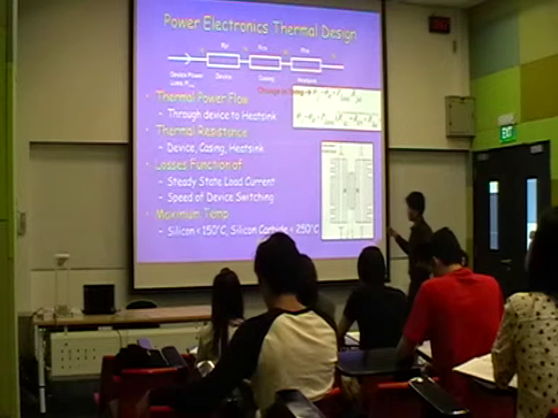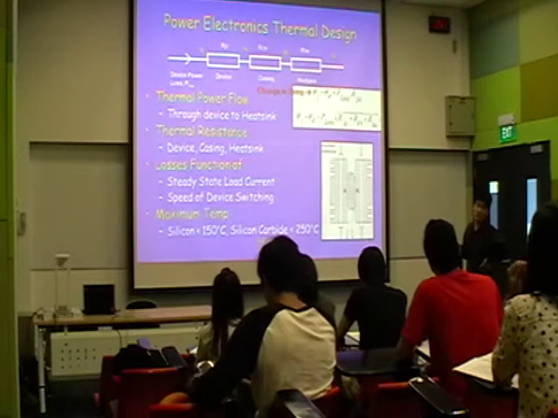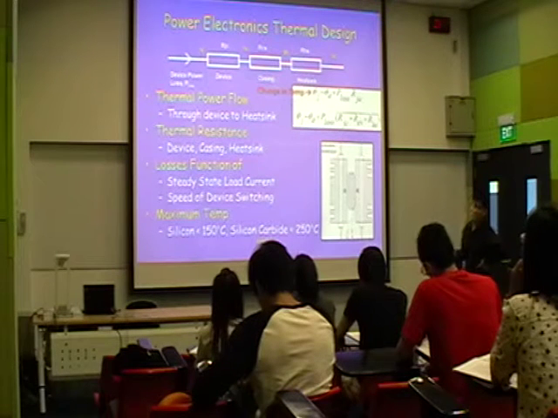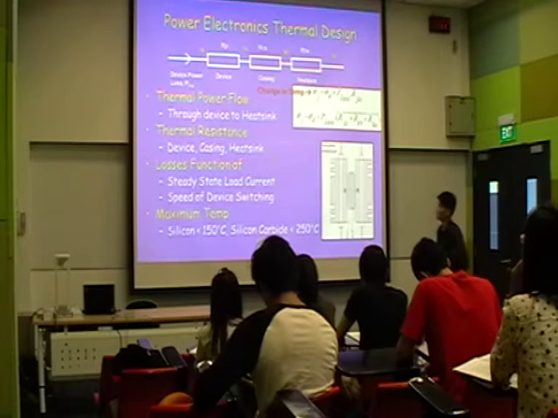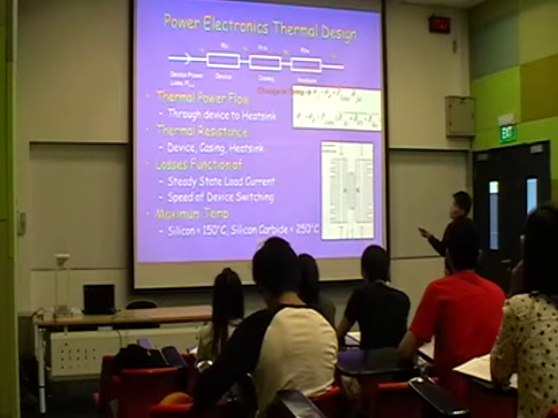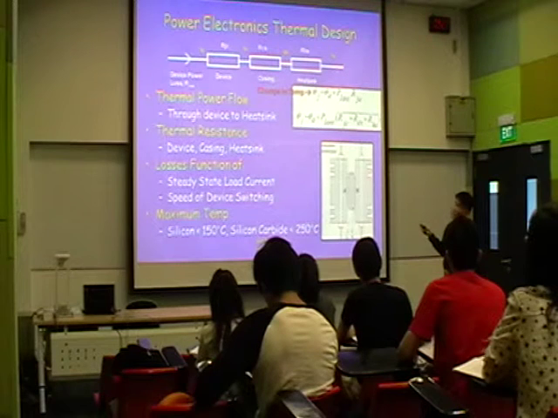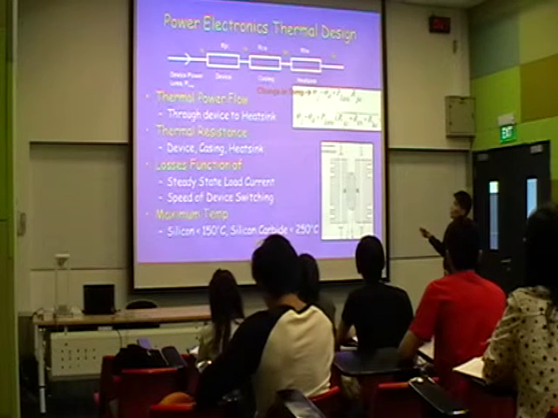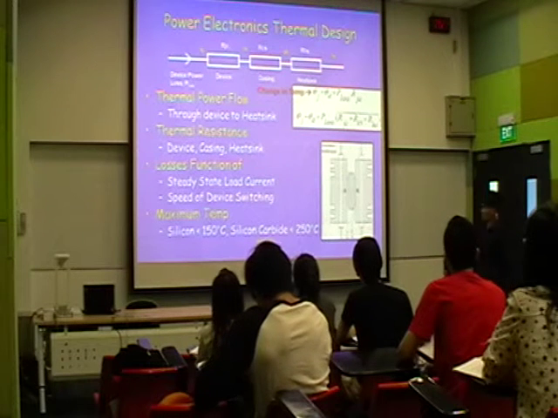So you will have temperature change. This theta here, you don't use T, but we just use theta to show that it's a parameter used for representing the temperatures. The theta J minus theta A is the change in the temperature from the left hand side to the right hand side. The change in the temperature will be equal to the power loss, in terms of watts.